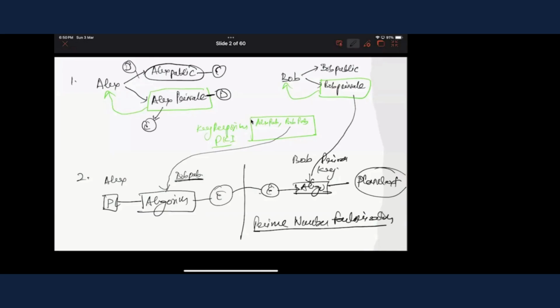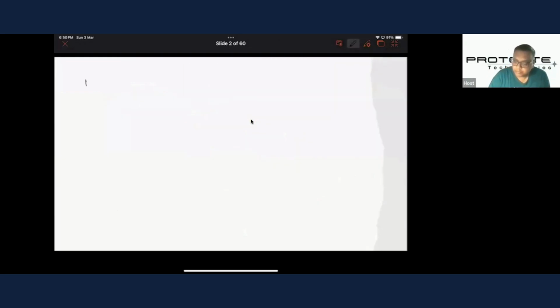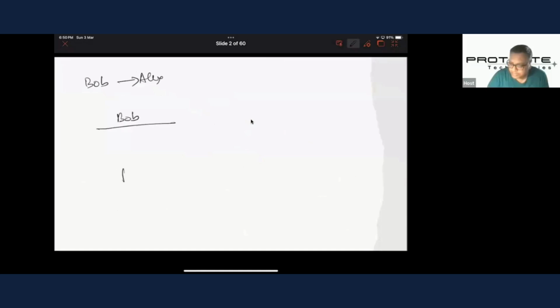Very much. Okay. Now, say Bob wants to send a message to Alex. What will Bob do? Can you explain? Okay, so this is Bob. This is the algorithm, and this is the plain text. Bob wants to send an encrypted message to Alex. Now, what key is Bob going to use to encrypt the message?